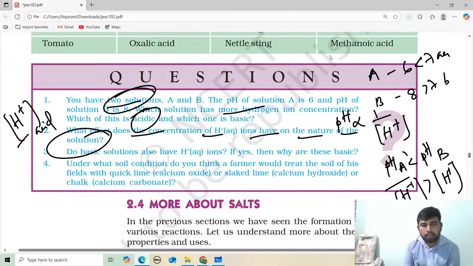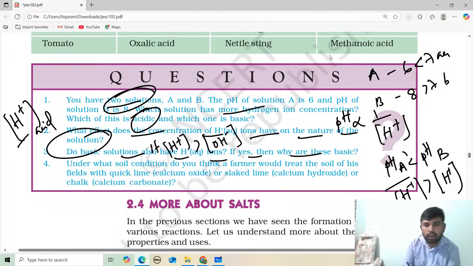Do basic solutions have H plus ions? If yes, then why are they bases? The simple thing is here: every solution has both H plus ions as well as OH minus ions. Suppose the H plus ion concentration is more than the OH minus ion concentration, then it is called an acid.